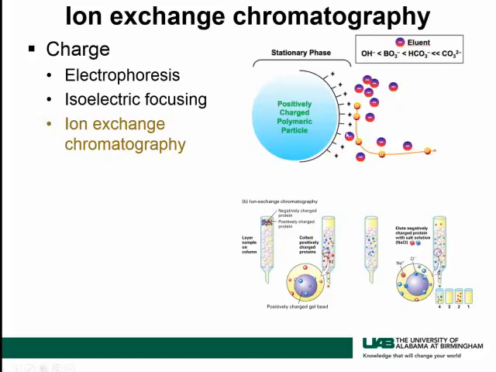This column is positively charged, and it binds your protein, which is negatively charged. All you have to do is compete your negatively charged protein with negatively charged ions, such as chloride ions.